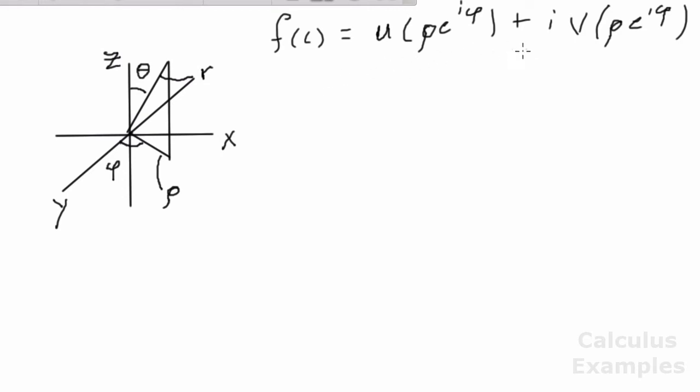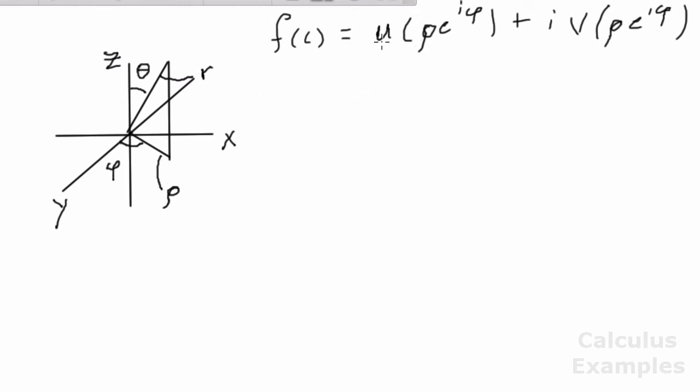It's the polar that is a little bit harder to remember, so it's a good idea to be able to derive it. All right, so we're going to proceed just like we did before. We're going to take the derivative of f with respect to phi and the derivative of f with respect to rho, and then we're going to equate the real and imaginary parts. That's going to be the end of it, trust me.